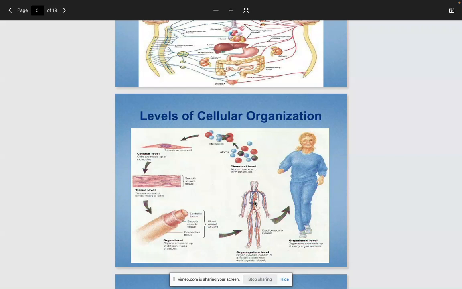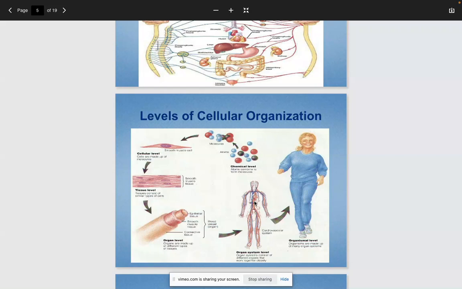So this organization begins at a chemical level, right? We have atoms that we've discussed in our chemistry portion of our biology. So atoms come together to form molecules, and the molecules will join together through monomers and polymers to form macromolecules. But essentially, at the cellular level, cells are made up of molecules, right?